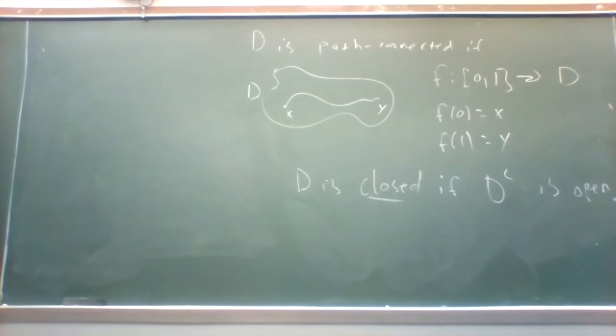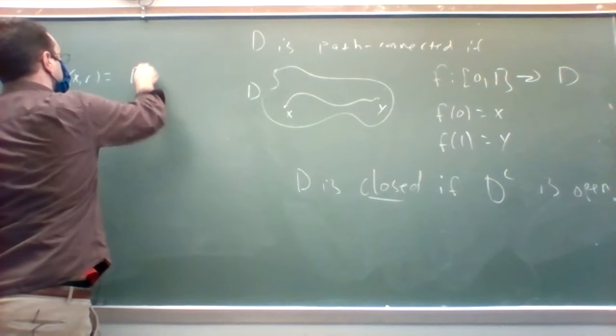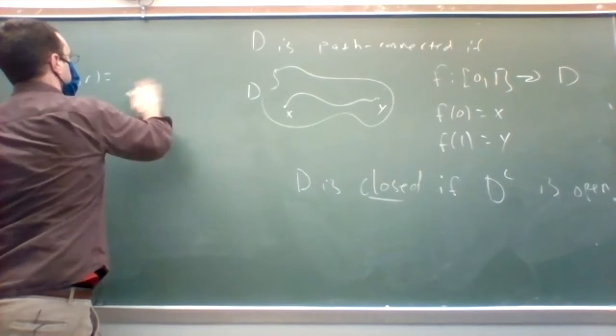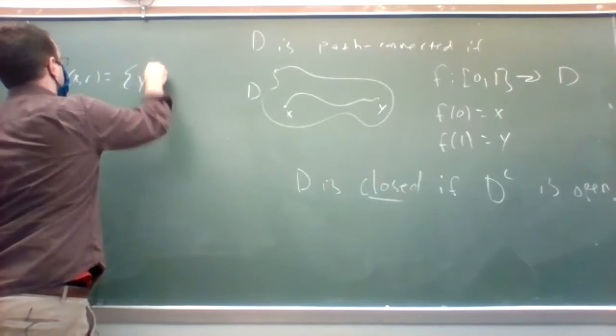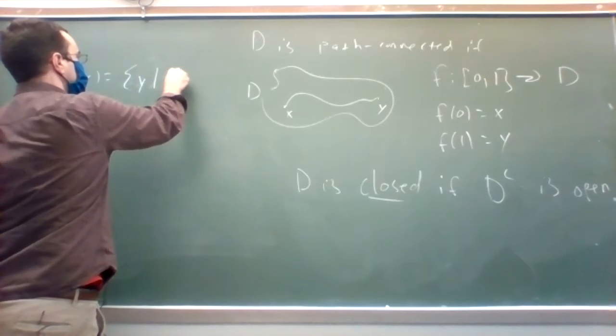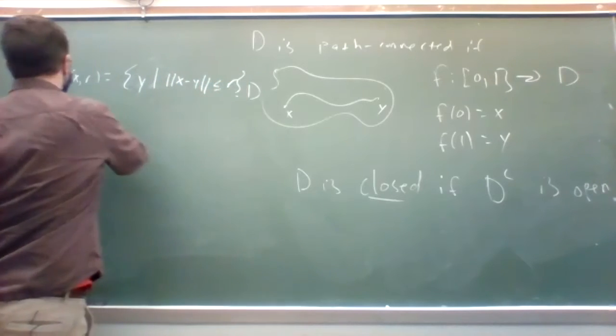So for example, the closed ball in Rn is going to be all the points y such that the distance from x to y is less than or equal to r.